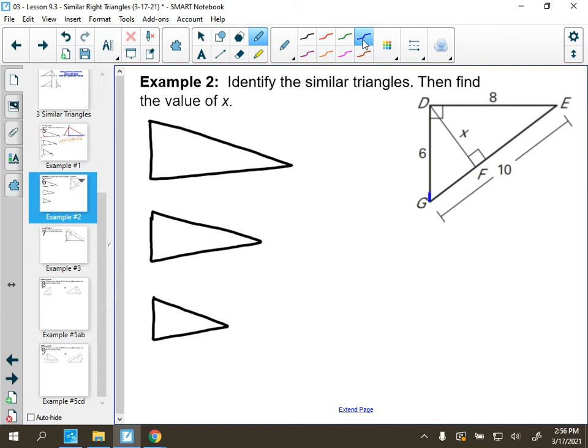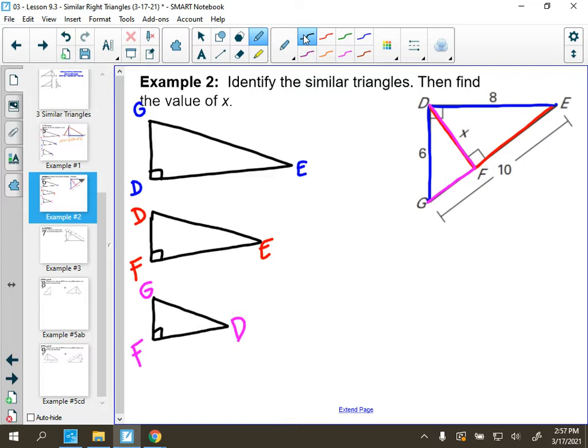I'm going to travel down the short leg to the right angle, finish on the long leg. So G to D to E. G to D to E. Let's do it for the medium triangle, which would be D to F to E. D to F to E. And then on my small triangle, one last time, from G to F to D. I know I'm not putting the right angle symbols in here, but hopefully we can survive without those.